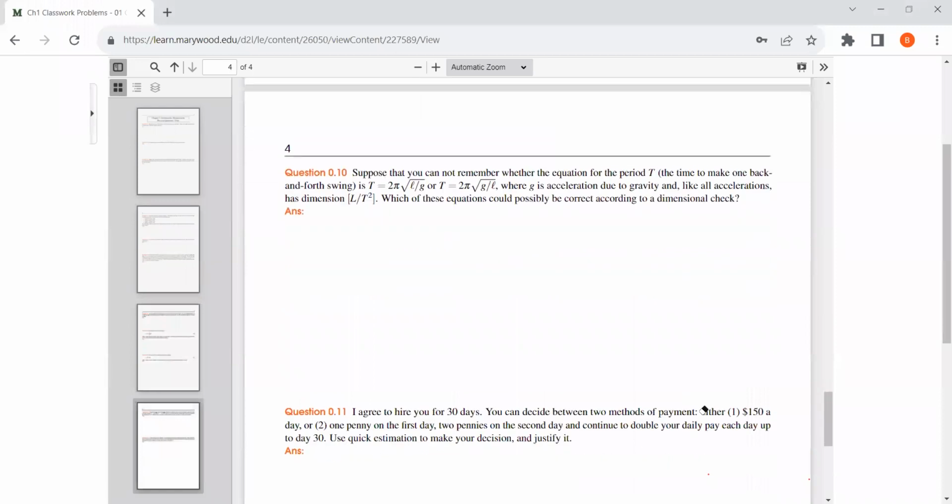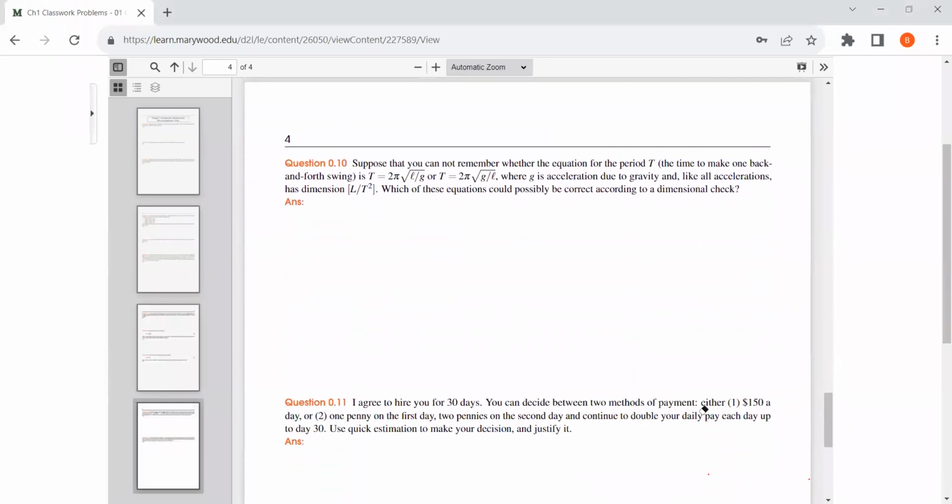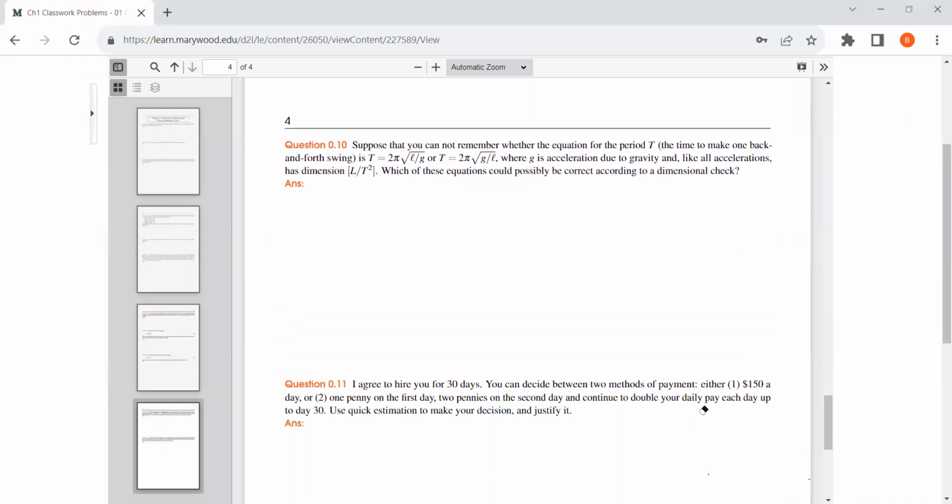So this is the last problem, number 10. I'm not doing number 11, just 10. Here we have two equations. We'll be learning about this later, the time period of a pendulum. For the time being, just say that we have two equations, this and this.